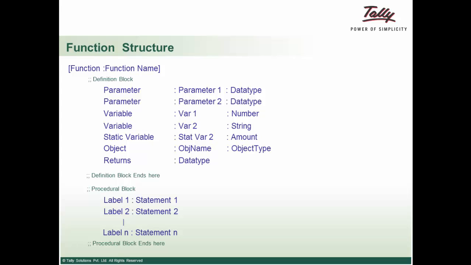It is not necessary that you use a definition block, or all the details mentioned here in the definition block. Depending upon the requirement of your function, you may require a definition block or you may not.